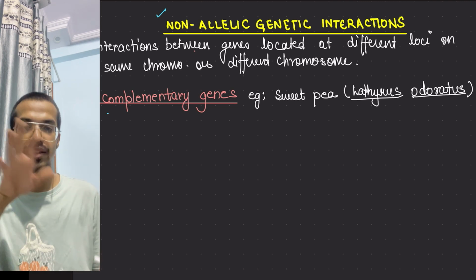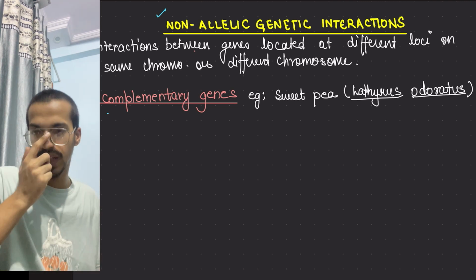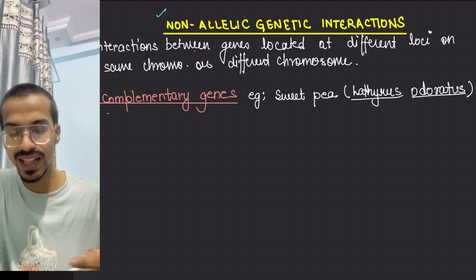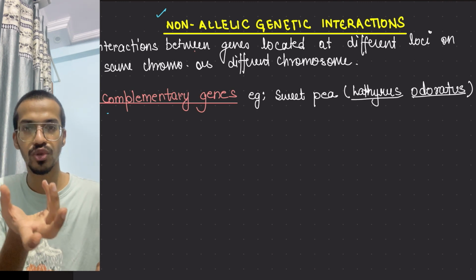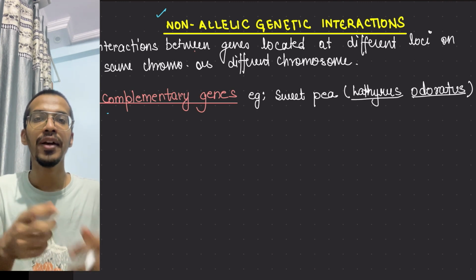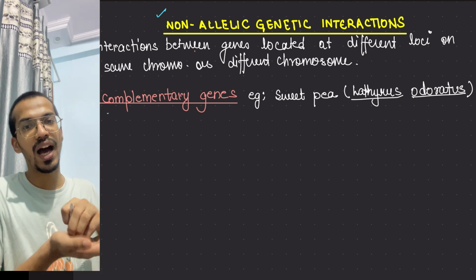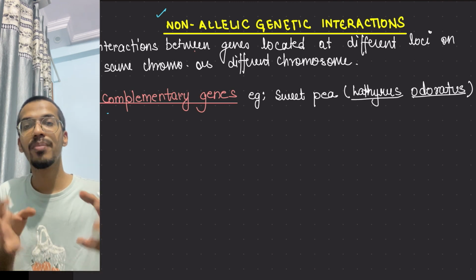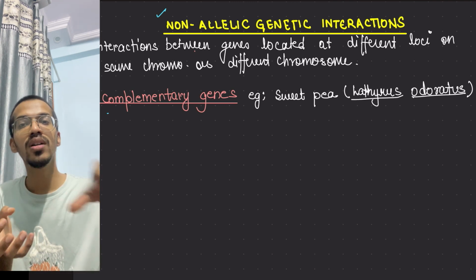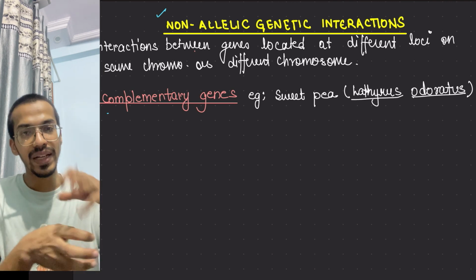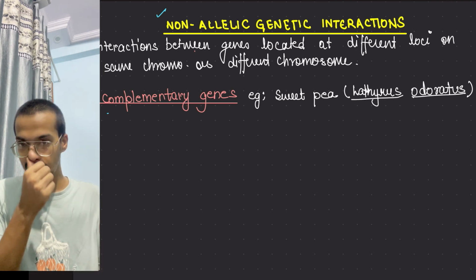Basically these genes are making certain pigments or certain substrates. For example, imagine that you have a substrate and you are making a dye. If anyone has seen how we dye a cloth, we put the cloth into a colored medium so that it gets the color. Same thing over here.